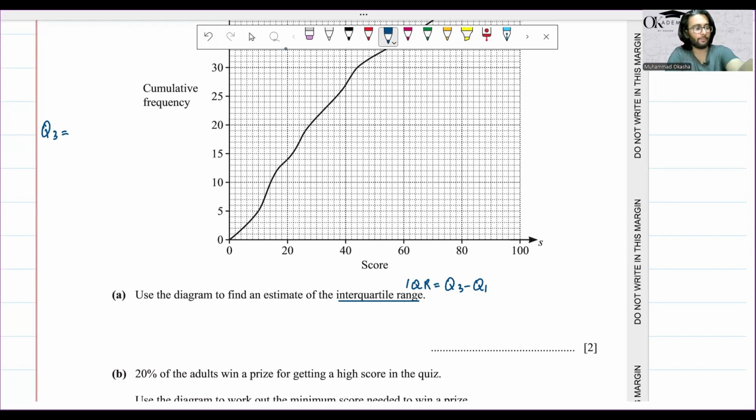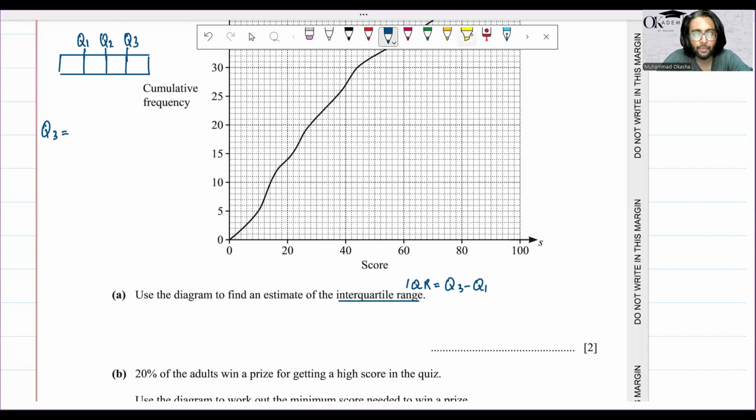Let's say all of your data is divided into 4 parts. So this bit would be Q1, this is Q2, and this is Q3.